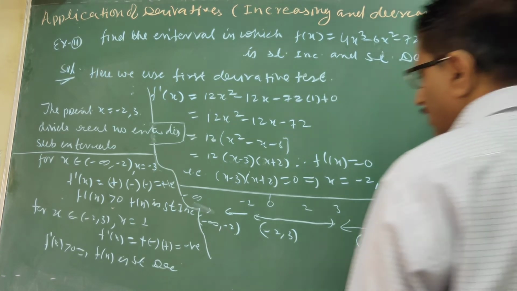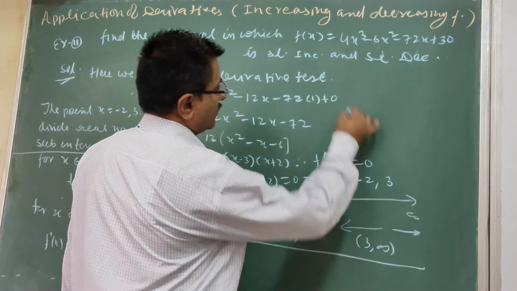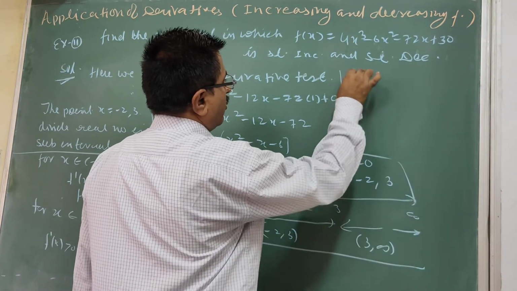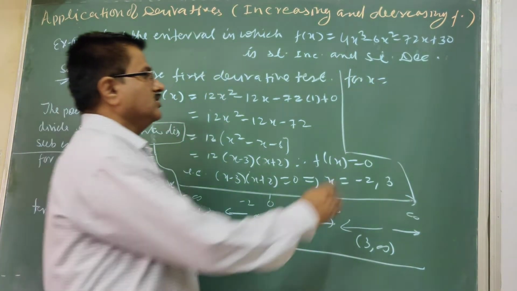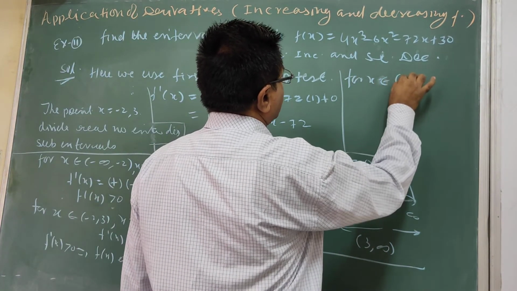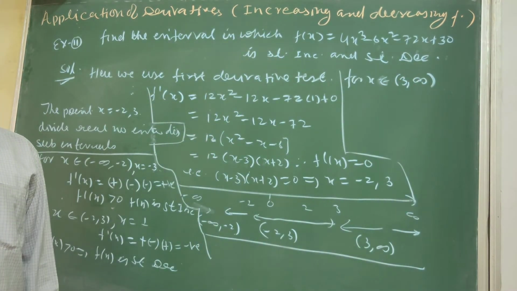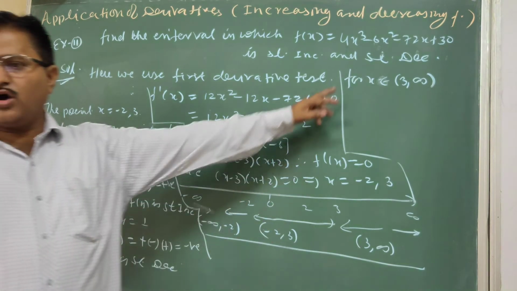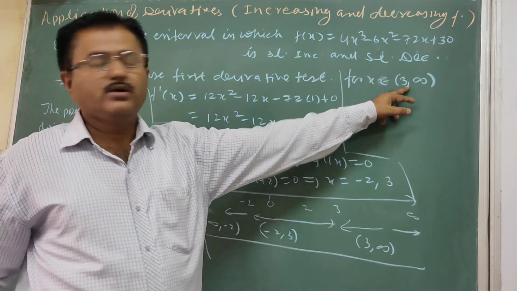Right? So for the third interval, x belongs to the given interval 3 to infinity, right? Now you can take x equal to 4.